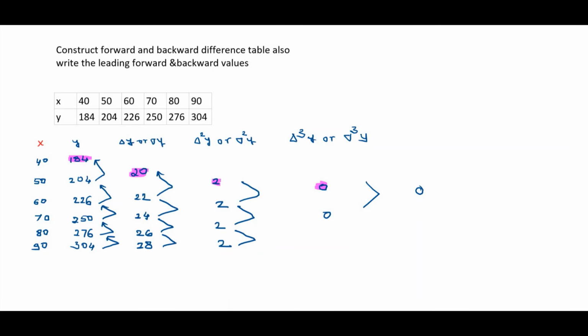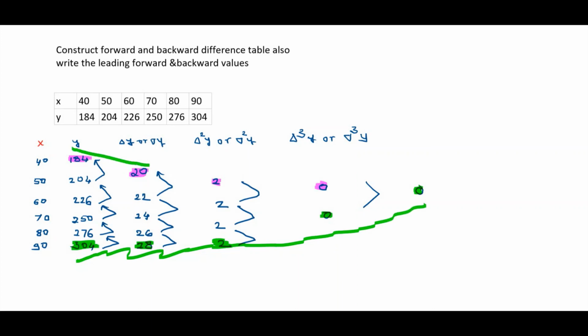Whereas the leading backward values are 304, 28, 2, 0. If you want, you can take this 0 also. So these are the leading backward values, and those are called the leading forward values.